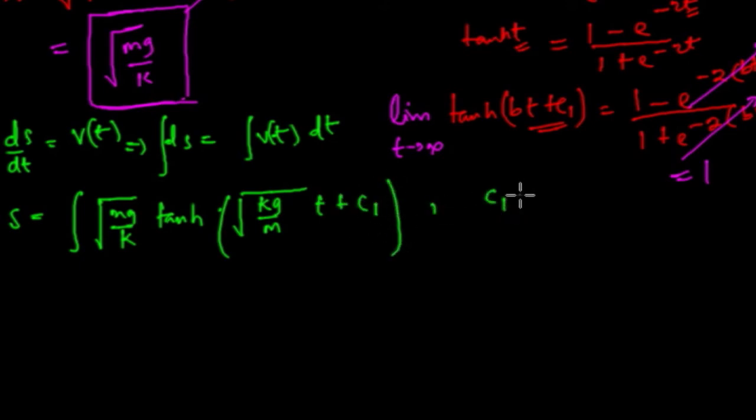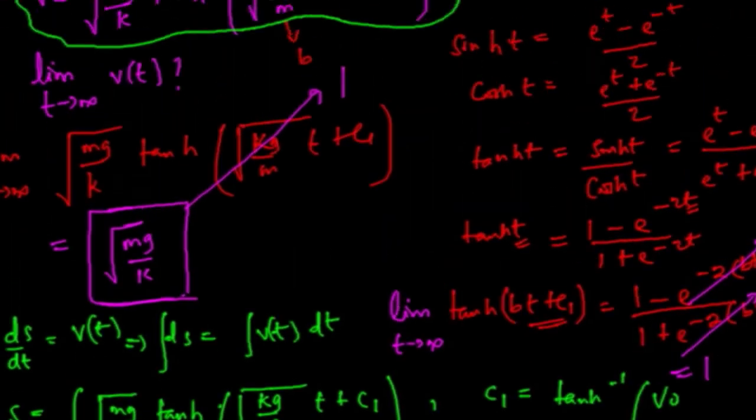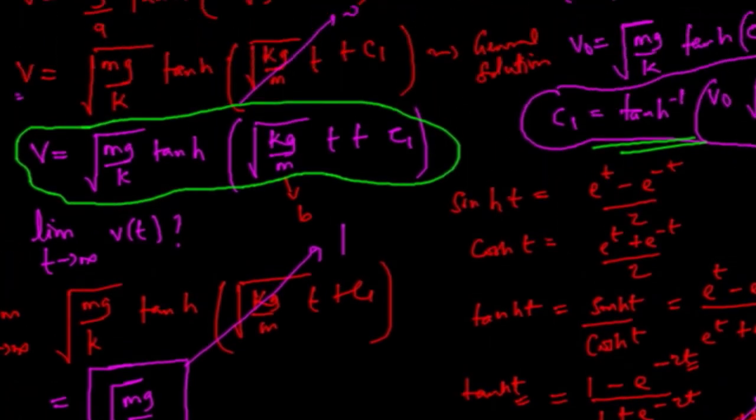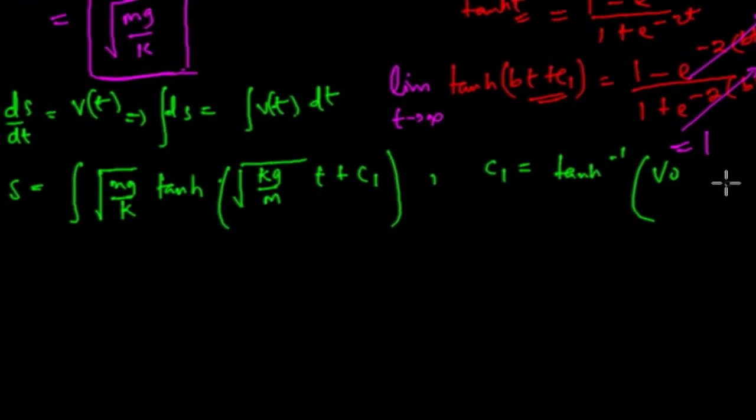Where we know our c1, we know that c1 equals arctangent of v naught, because we know we had this here, of v naught times root k over mg.